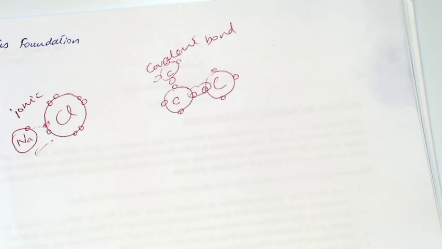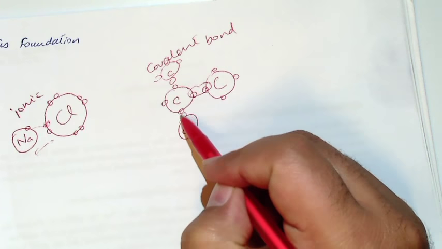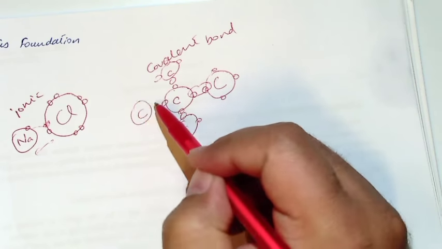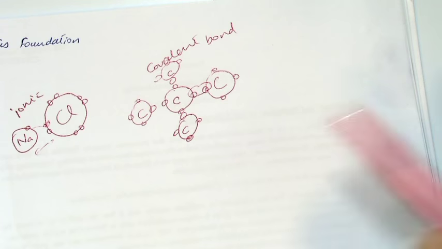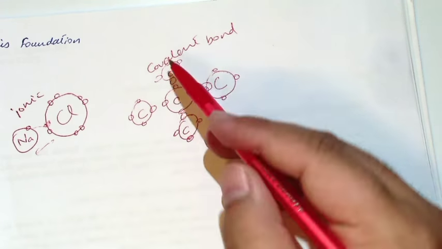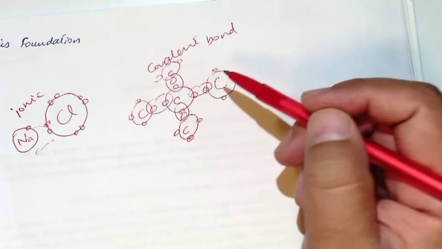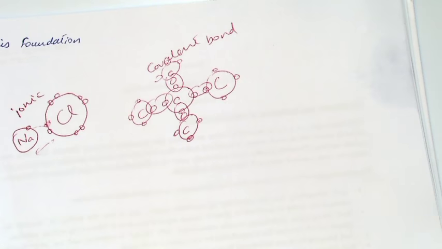That's how carbon is structured, and this is called covalent bonding. This one can count 8 electrons, and this can also count 8 electrons once it has all the other 3.